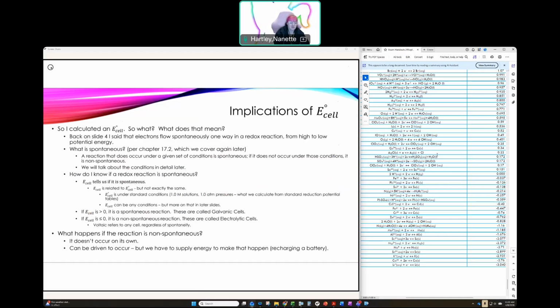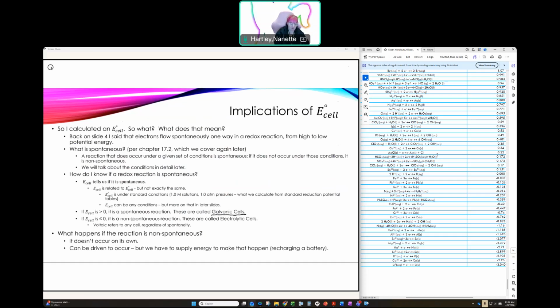So we need to look at what the E cell is, not just the E naught cell. We can calculate that, and we'll talk about how we do that in just a few minutes. But if that E cell is greater than 0, then it's a spontaneous reaction. And that's termed a galvanic cell. It's just the name that was given to it.